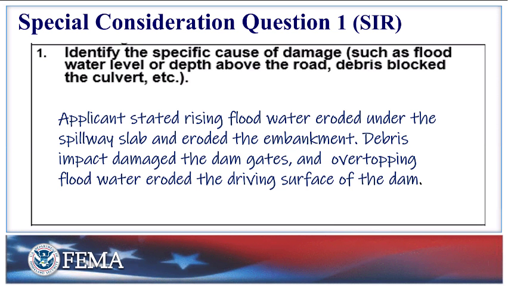Debris impact damaged the dam gates, and overtopping flood water eroded the driving surface of the dam. The site inspector described the cause of damage and clearly stated that the applicant stated it, which shows that the conversation was had between the site inspector and the applicant.